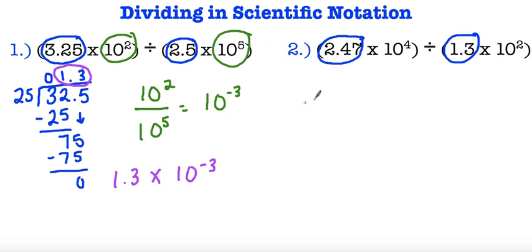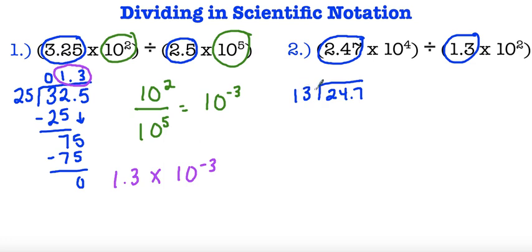So I'm going to set that up. So remember, here I have to move my decimal once and I have to move my decimal once. So we actually end up with 24 7/10 divided by 13.